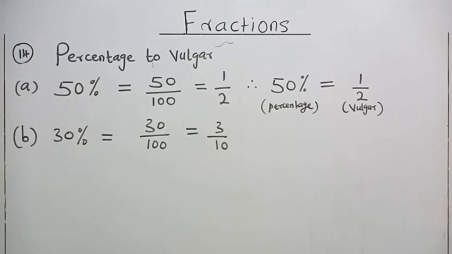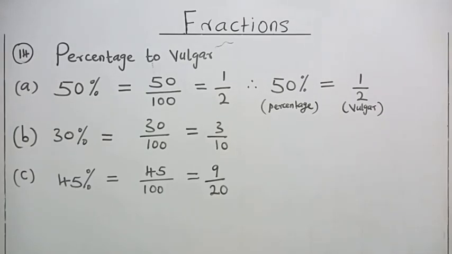Let's see another example. And here comes the third example. It says 45%. How do we convert 45% to vulgar fraction? Like before, we do it by means of interpretation. 45% means 45 picked out of 100. 45 over 100 is to be brought down to its lowest term.